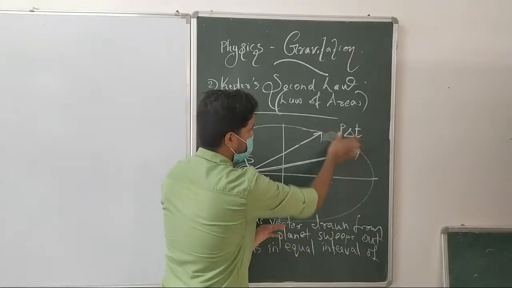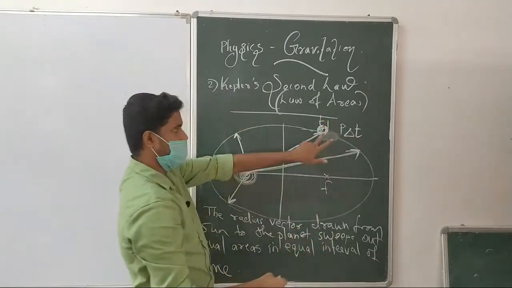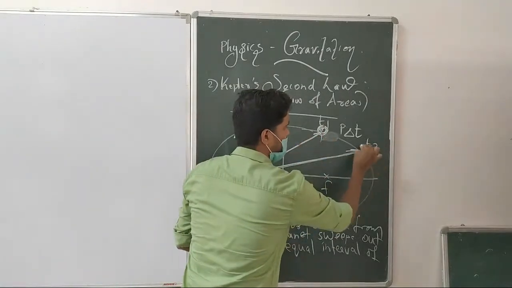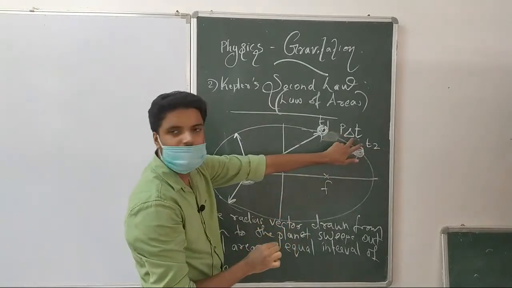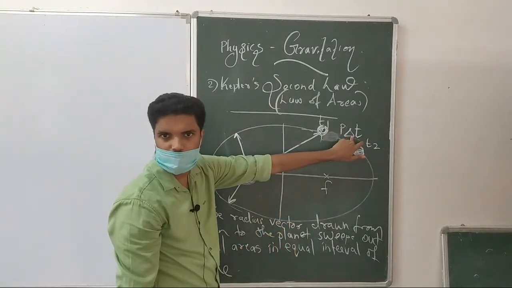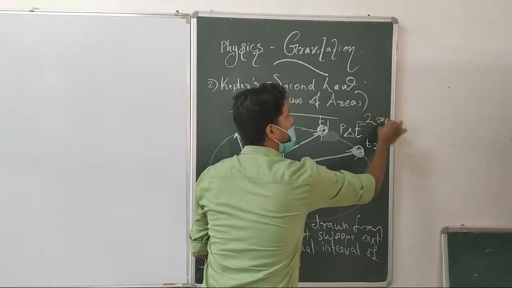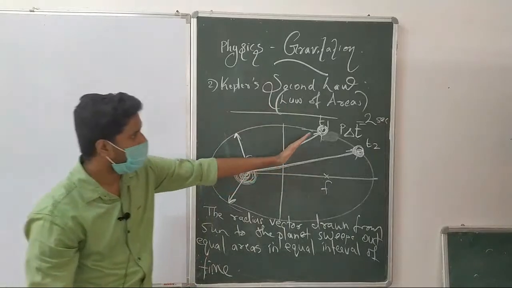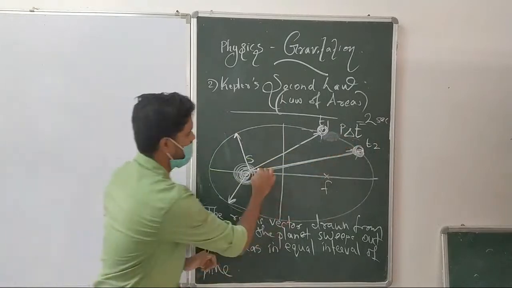So the position of the planet at the first time, at T1, the planet was here. At T2, where is the planet? Here. So what is the time interval? Delta t. Say, for example, 2 seconds. For 2 seconds, this is the area covered by the planet. So this much is the area.